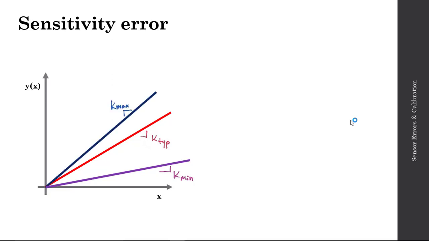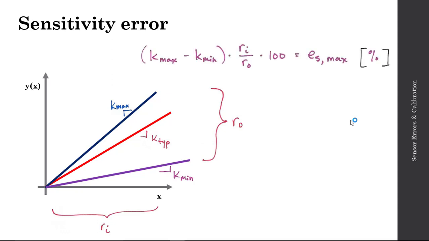One way to quantify this sensitivity error, in addition to using the output range from before, is to use this input range. So R sub I would be my input range and R0 would be my output range. In this case, my sensitivity error will be defined as Kmax minus Kmin, which would have units of output over input. We'll multiply that by Ri divided by R0 times 100.